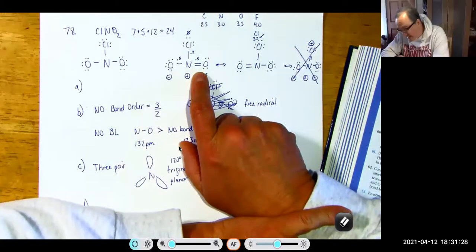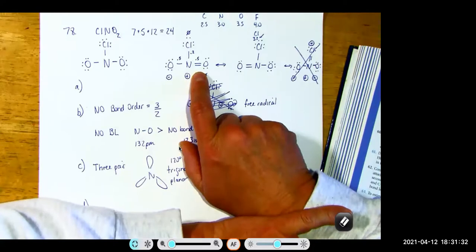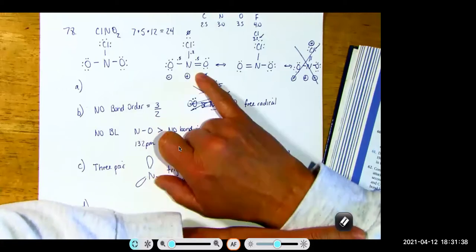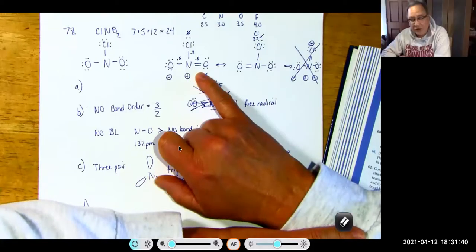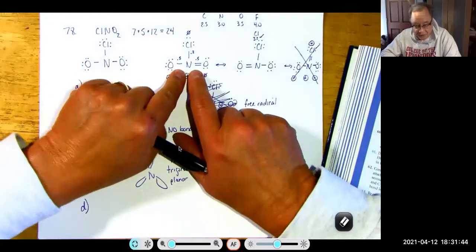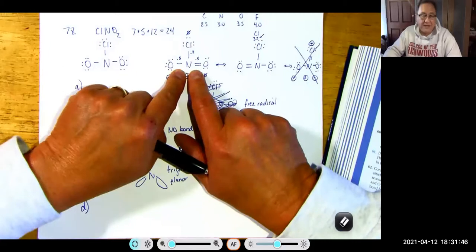Bond polarity has nothing to do with how many bonds you see there. Okay, so does it mean since the oxygen on the left has one more electron, that's technically the more electronegative oxygen of the two? Absolutely not, because remember, these bonds are both 1.5, so they both have the same number of electrons.